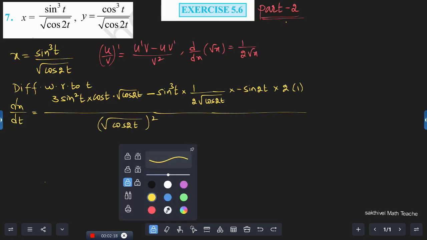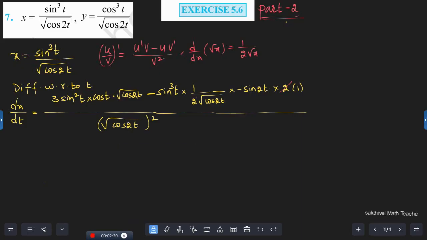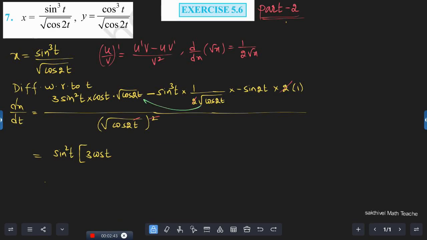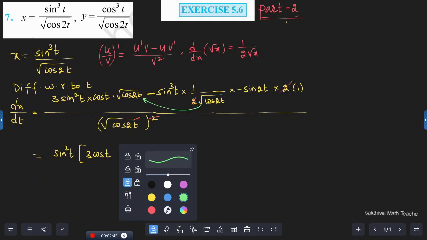So whatever is possible to cancel, you do it. This 2 cancels, and the square and root cancel, and you can notice sine square and sine cube. So one sine square you can take outside. That is what I am going to do now. So I am taking sine square outside. If you take sine square outside, remaining is 3 cos t, and this square root cos 2t when you cross multiply, the root will be gone.